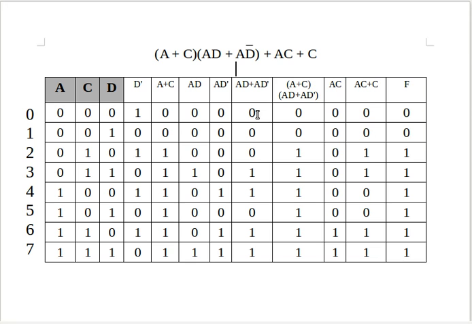F representing what? This circuit, and it should look like something like this. And if you see, here's A, C, or C. What did we do? We ORed it with this.